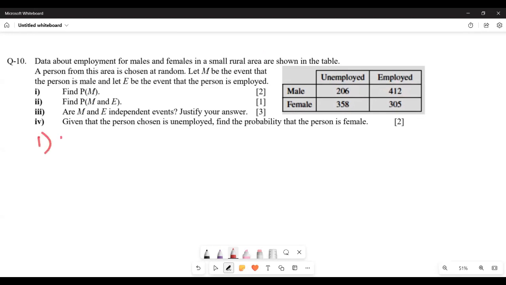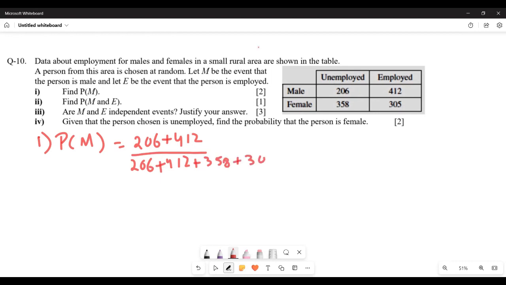So for part 1, probability of male would be, न्यूमरेटर में टोटल कितने मेल्स आ गए 206 plus 412, और डिनोमिनेटर इज all the people. Answer for 10 1 would be 206 upon 427.